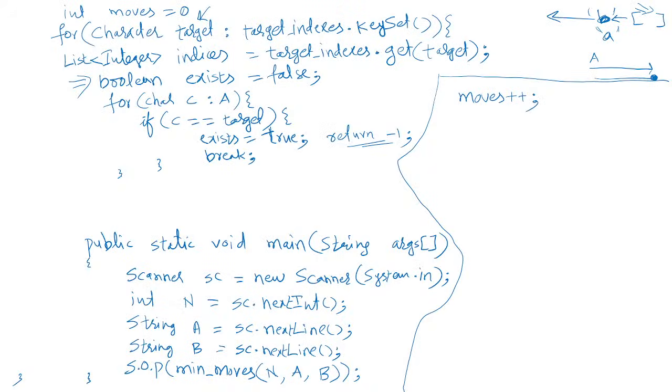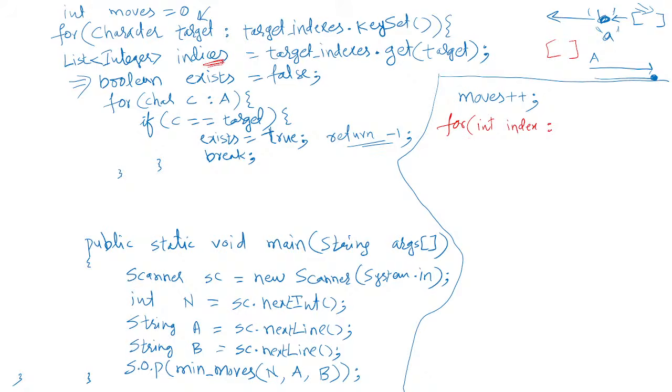So we run a for loop here. I'll just write a for loop for int index. We take a variable called int index, and all the indexes you should get from this array list. We got this array list now, where we stored that array list in a variable called indices.